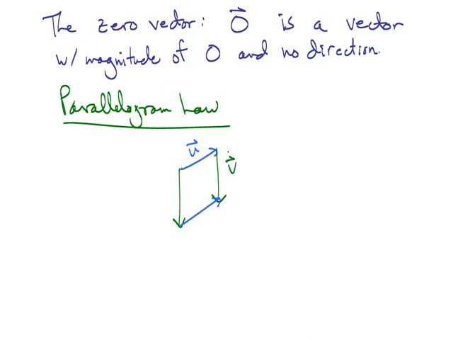I can always make a parallelogram out of two vectors. The resultant vector, the vector I get when I add them together, is going to be the diagonal of that. So here is the vector u plus v, or v plus u, if you like. That's called the parallelogram law.